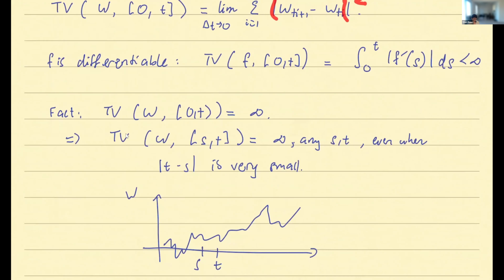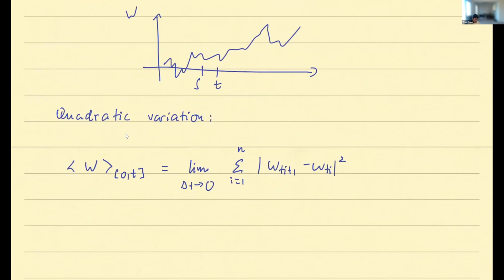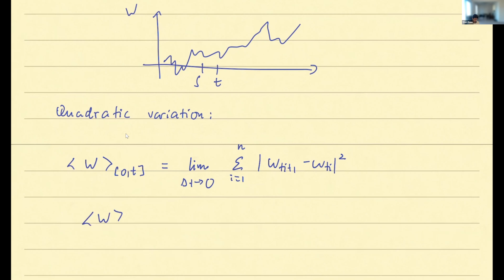One more thing is that by default, in this kind of context, we start the process at time 0. So technically speaking, we can just denote this by W_t, and that's understood as this.